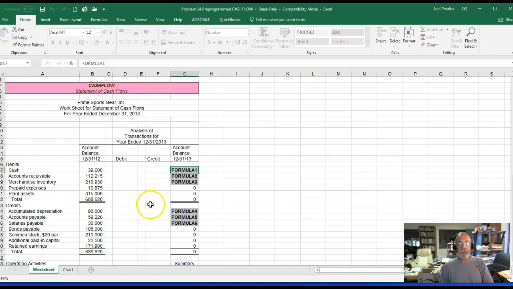And that information is partially given on the template. On the template, what's shown is the amounts for December 31, 2012.